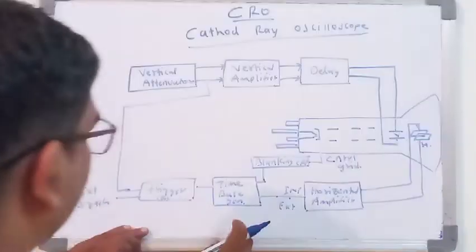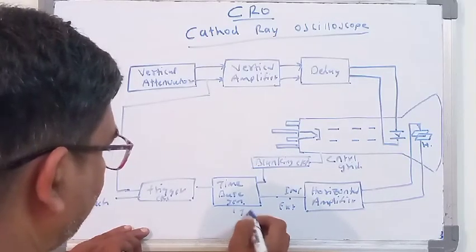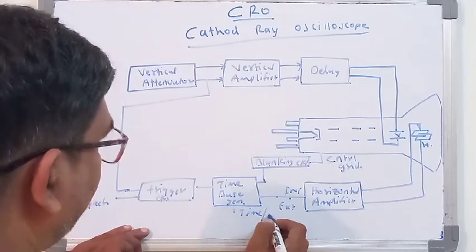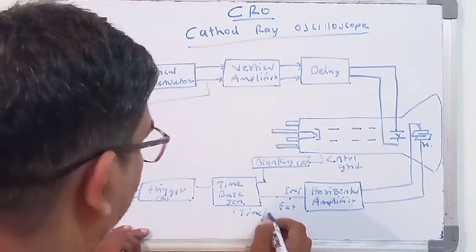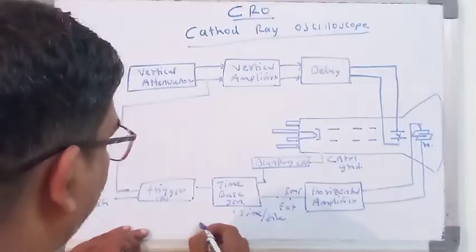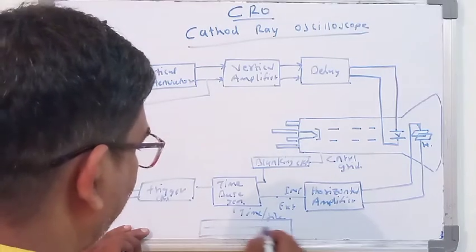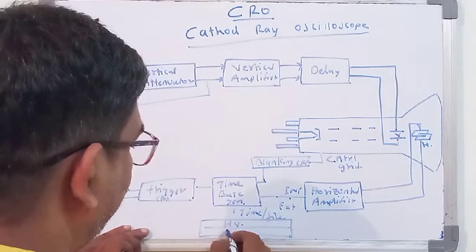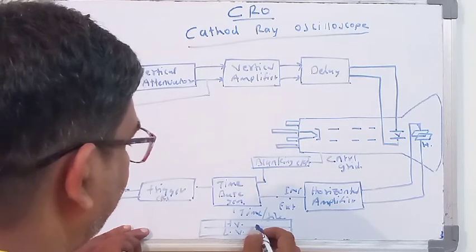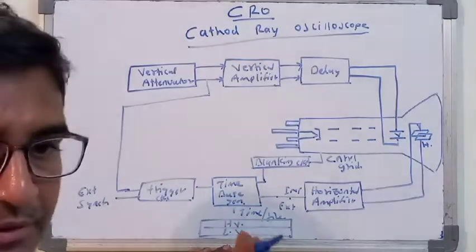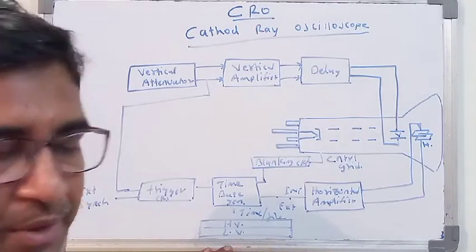In this, the time per division we are going to measure. Here we give different voltages, the high voltage and the low voltage power supply.